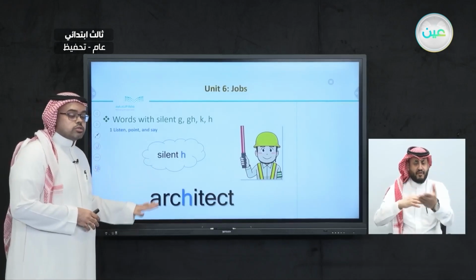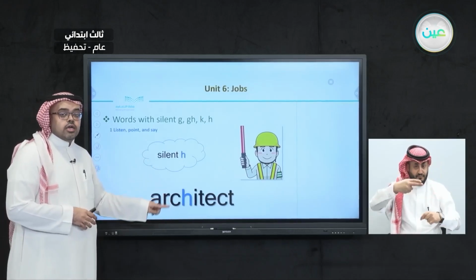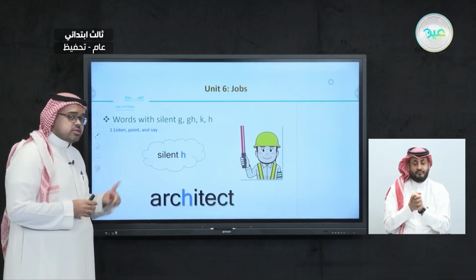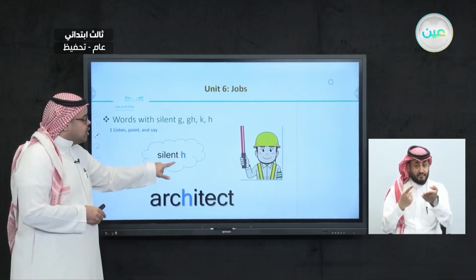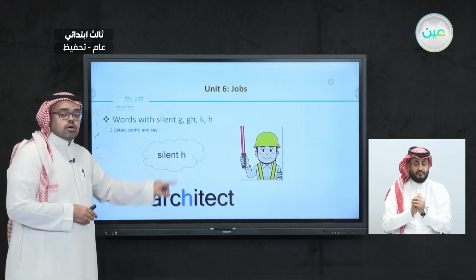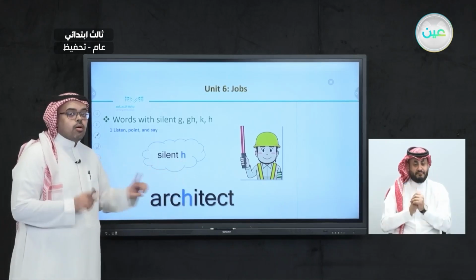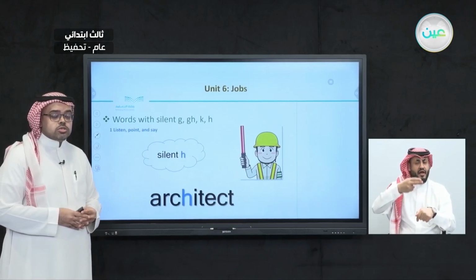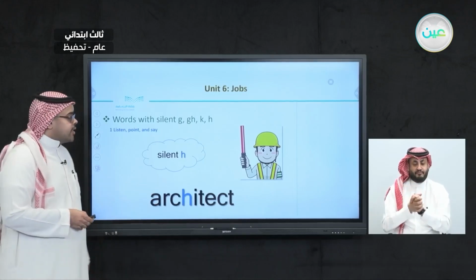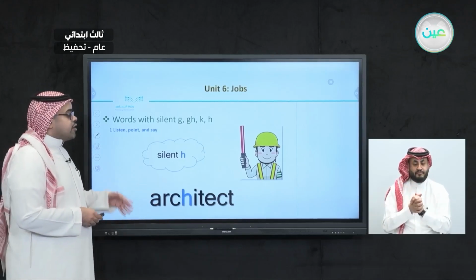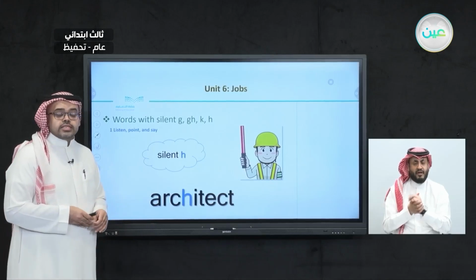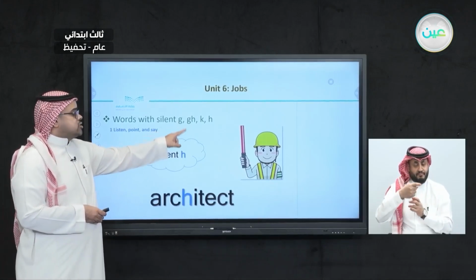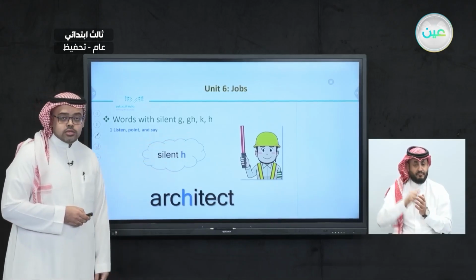And in this word, architect, we don't pronounce H. Here we have one silent letter, which is the letter H. So here we write architect, but we don't pronounce the letter H. So these are some of the words that have these silent letters: G, GH, K, and H.